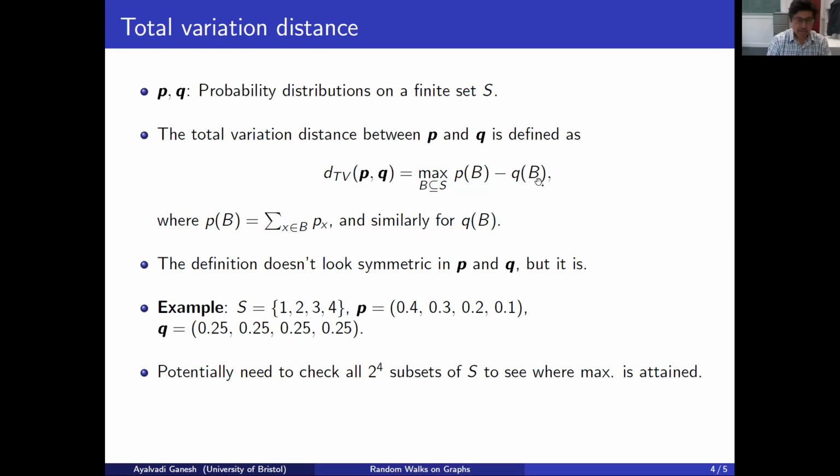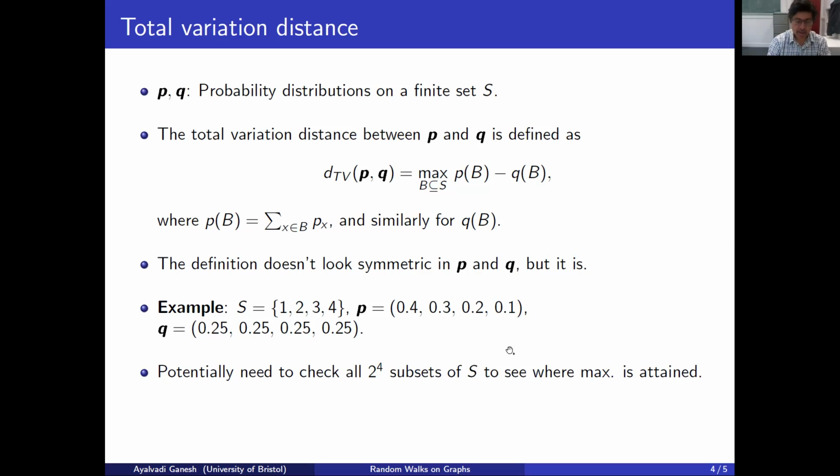If we go to the definition, then we need to write down all possible subsets of S, calculate P of B and Q of B, take the difference and take the maximum. And how many such subsets are there? For a 4-element set, there are 2 to the 4 subsets. So in principle, we have to do this calculation for all 16 subsets and take the maximum.